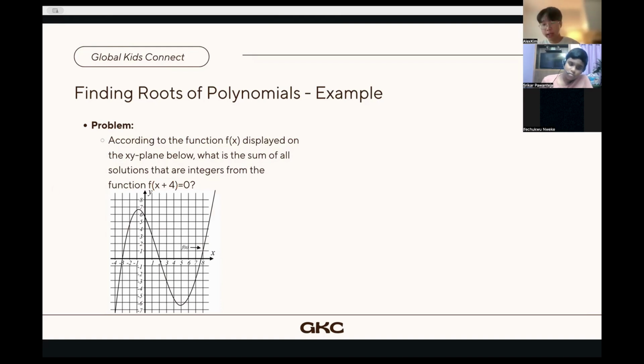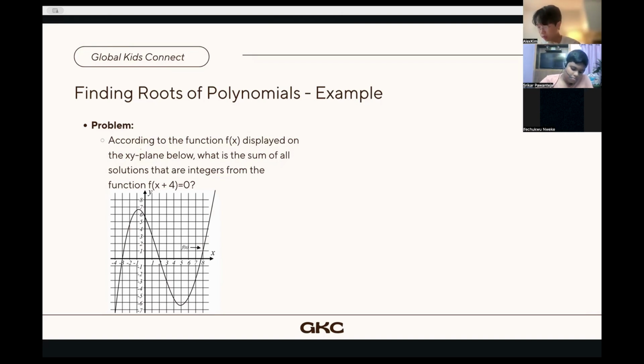What this means is that if you remember our previous question, if we added a numerical value outside, a negative 4, for example, then it was shifting in the y direction. But if a numerical value is added inside the parentheses of a function, then that's shifting in the x-axis. And so we're shifting the entire graph to the right or to the left.